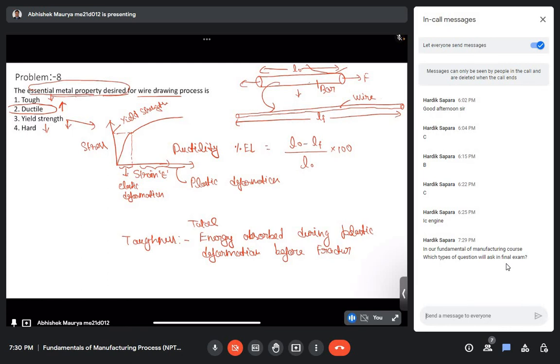If you have gone through all the lectures, and if you have done all the assignments by yourself, then you won't face any difficulty getting good marks in the examination. So I think I have answered Hardik. Don't worry about the exam. Just go through the course material and try to solve all the assignments by yourself. You will definitely score very well in the exam. You will get very good grades.